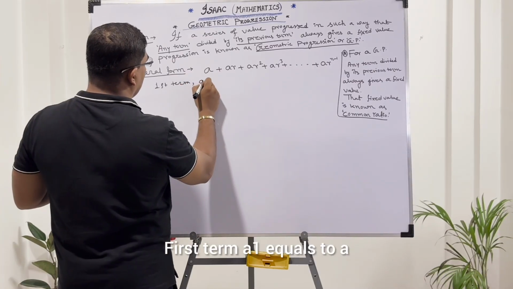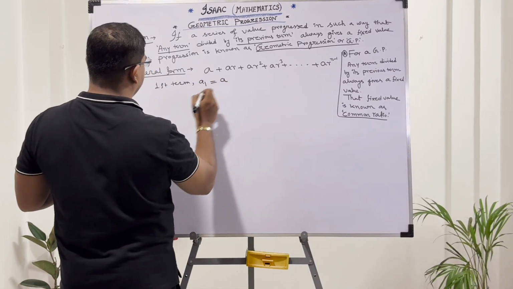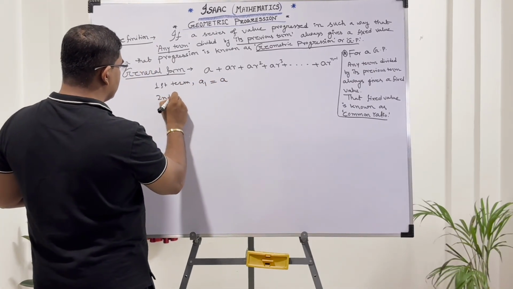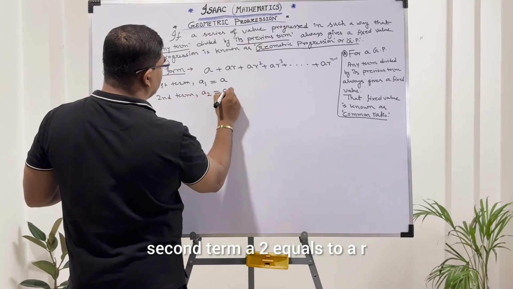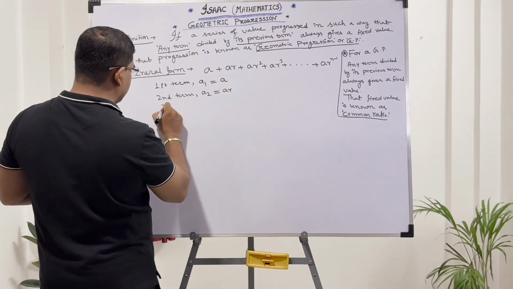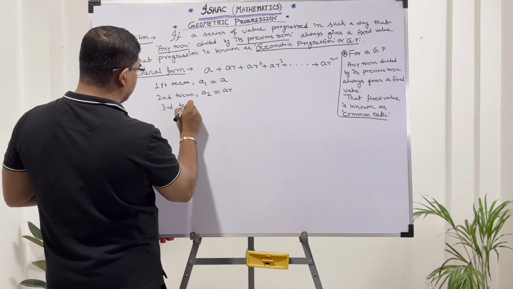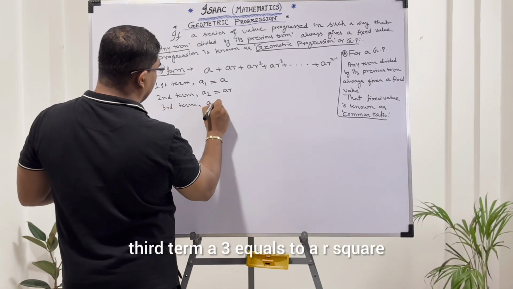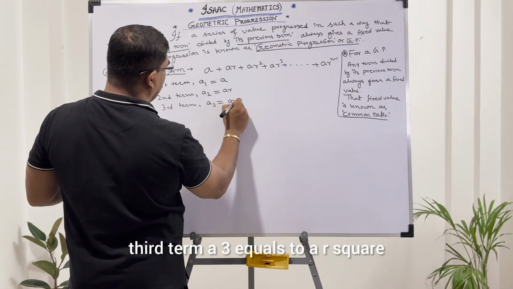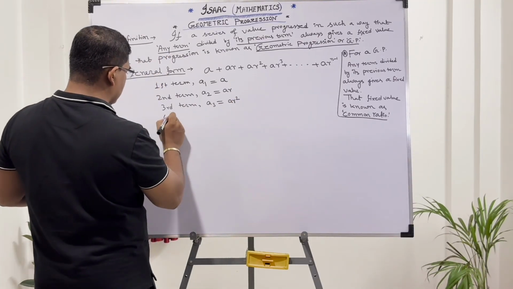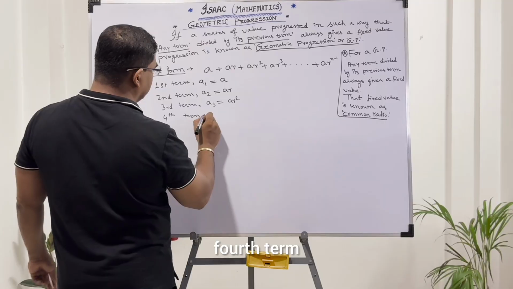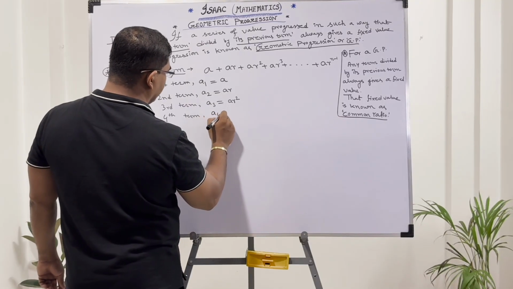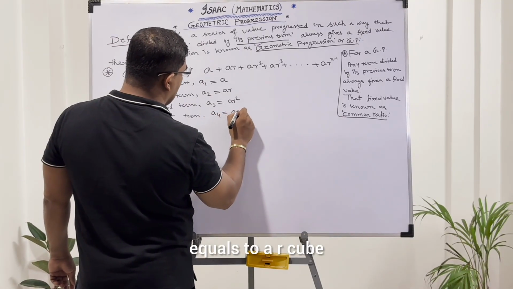First term A1 equals A. Second term A2 equals AR. Third term A3 equals AR square. Fourth term A4 equals AR cube.